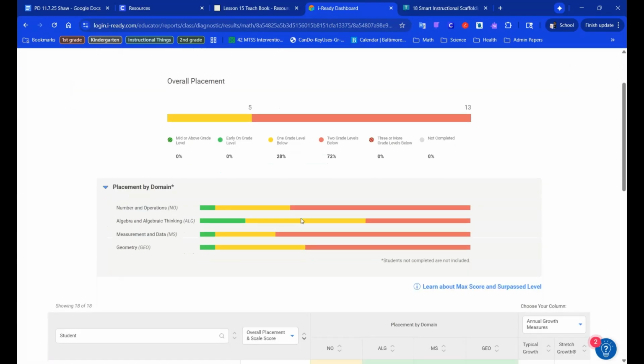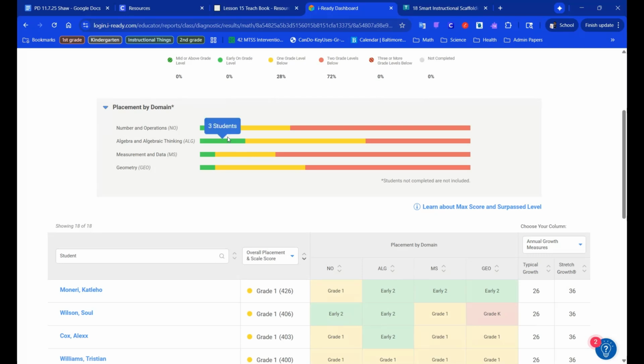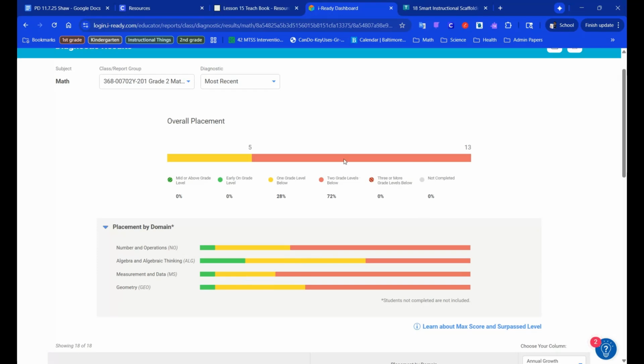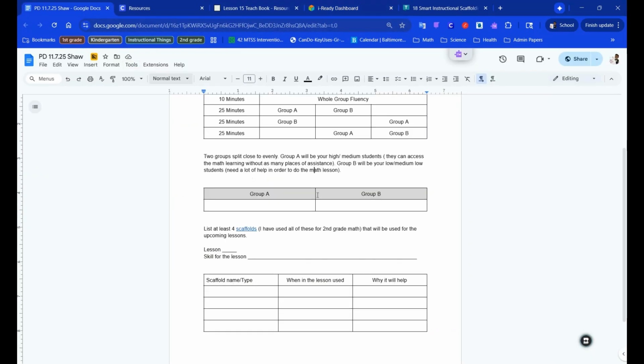With this data, I see that I have some students who are in greens, but no student has made the overall placement of green, which means I have to make my groups as even as possible. There's approximately 18 students, which means I'm going to put about 9 students in each group. Here is my high group, my high students, but also those middle students. This will be my middle low students and my low ones.